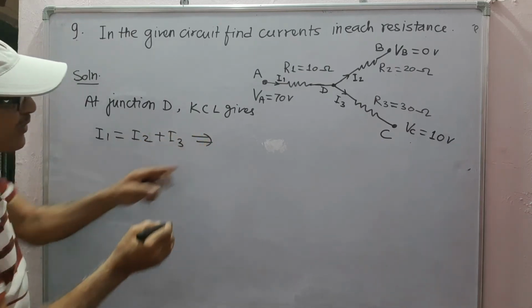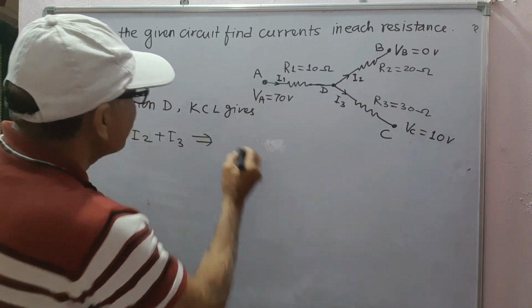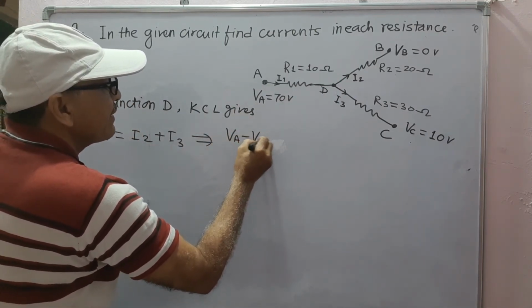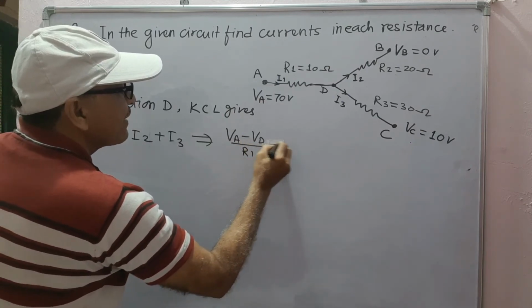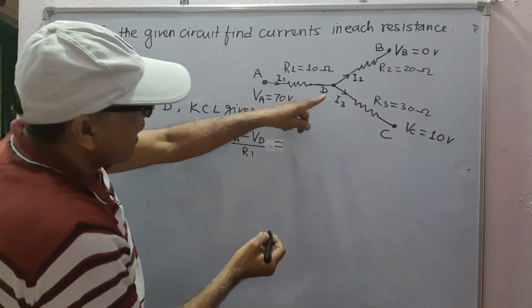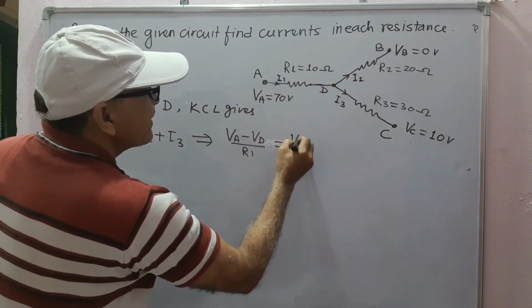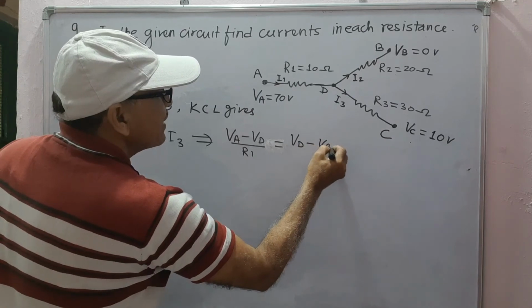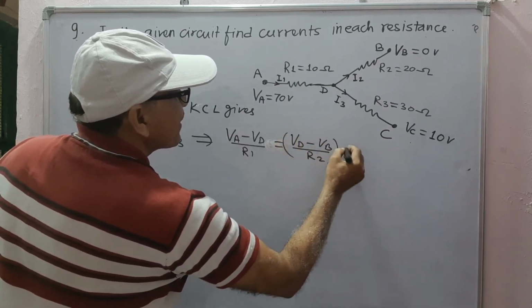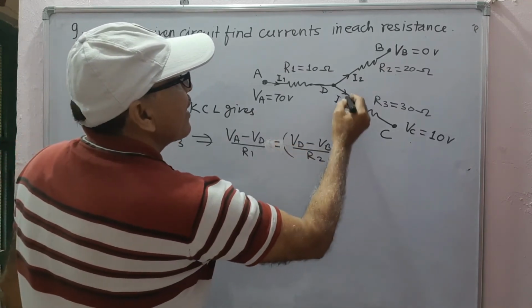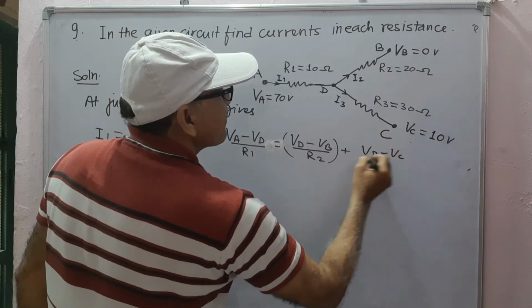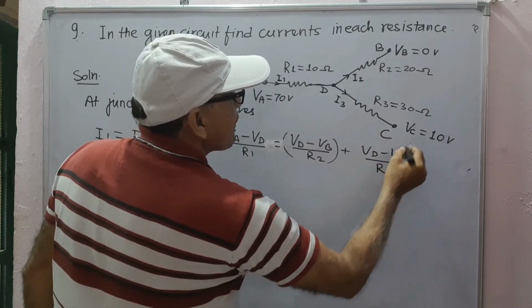That is I1 is VA minus VD upon R1. So VA minus VD upon R1 is equal to I2, which is VD minus VB upon R2, plus I3, which is VD minus VC upon R3.